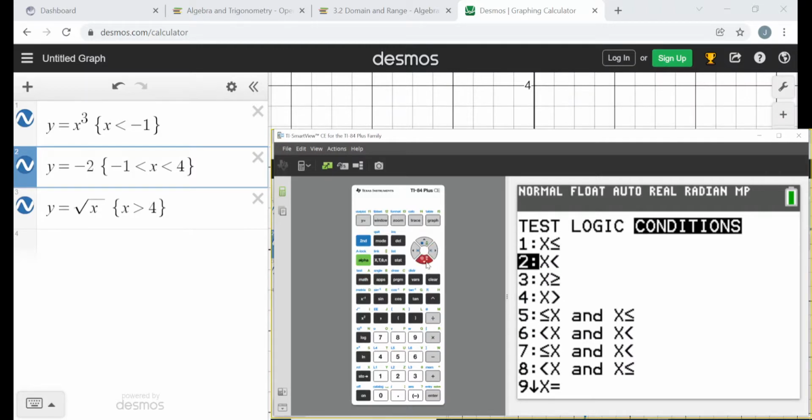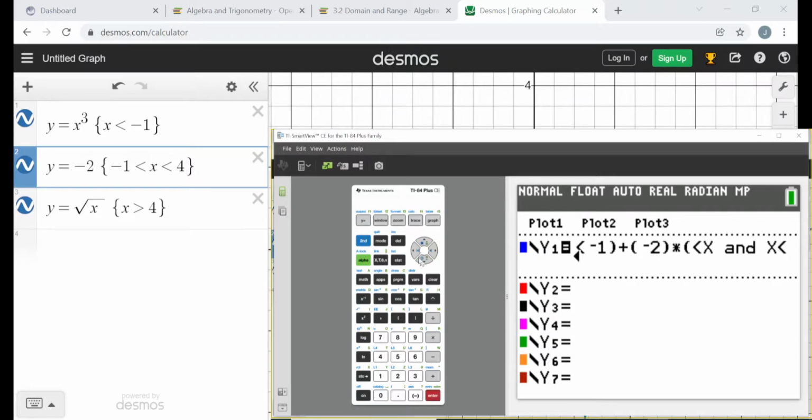Now this needs to involve an and, because x is between -1 and 4 for the second piece. That's x is greater than -1 and x is less than 4, so that'll be this sixth condition here.